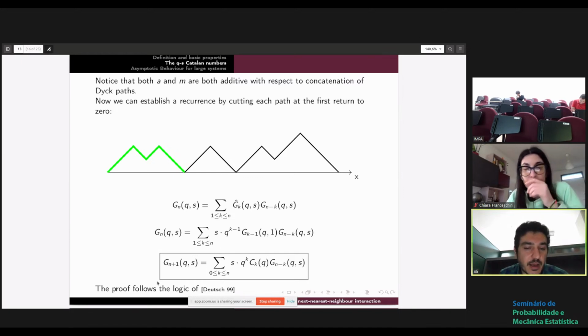It follows the logic of standard methods in combinatorics, and in particular, I refer to this paper, which treats this sort of world. Of course, it wasn't applied to these particular q-Catalan numbers, but other types of two-parameter Catalan numbers were addressed in a similar fashion.